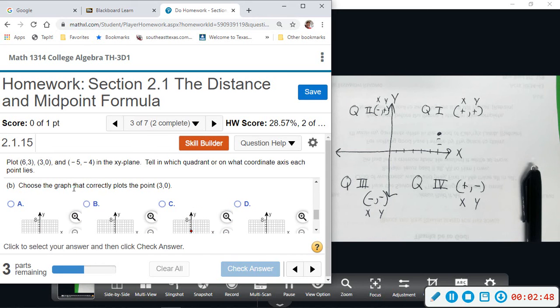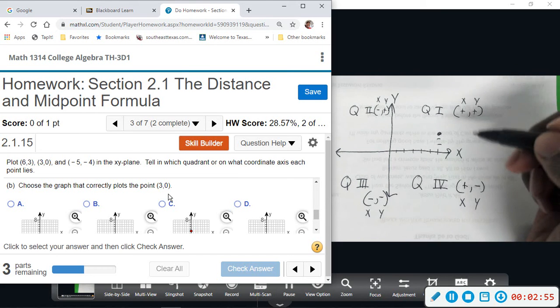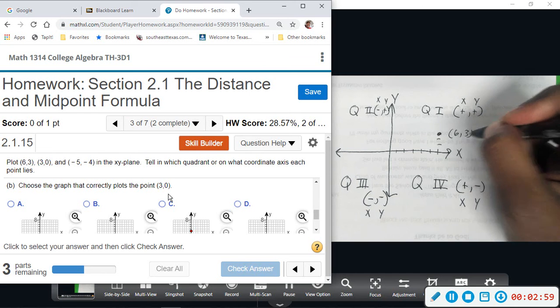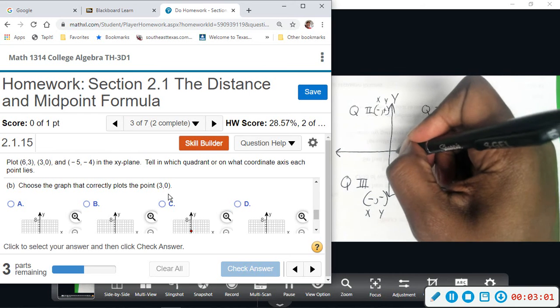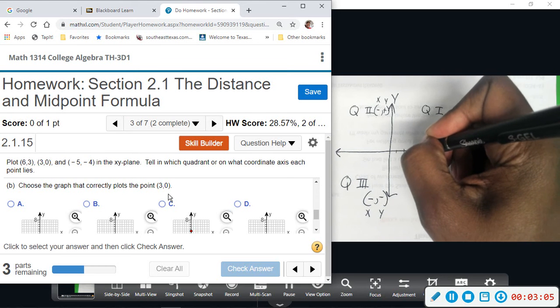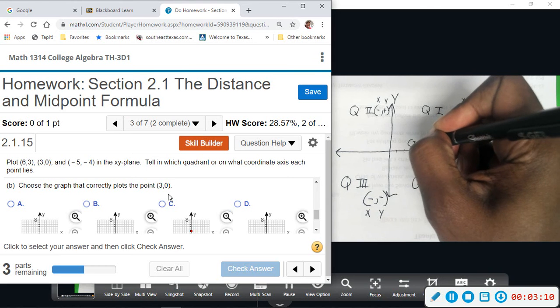Alright, so now we want to choose and graph the point 3, 0. Alright, so again, we start out with the X coordinate first. So this one was 6, 3. 3, 0, we go 1, 2, 3, and then we don't go up or down, it's 0, so we stay there. So this is 3, 0.